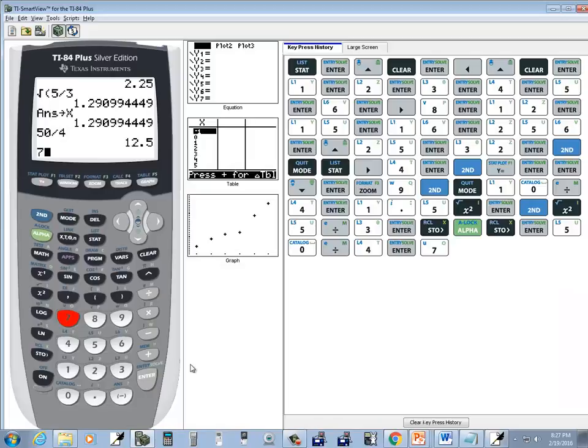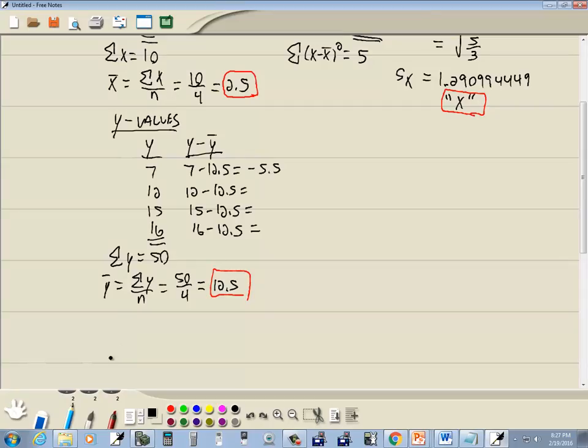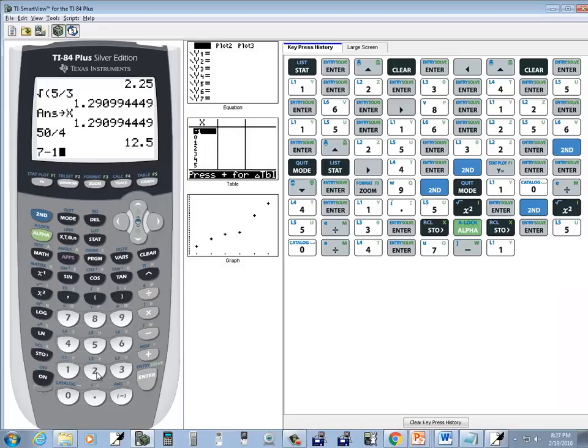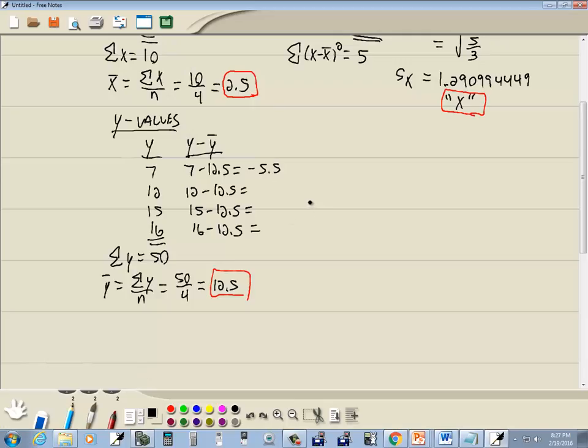Not very good at decimals. 7 minus 12.5 is negative 5.5. 12 minus 12.5 is negative 0.5. 15 minus 12.5 is 2.5. 16 minus 12.5 is 3.5.